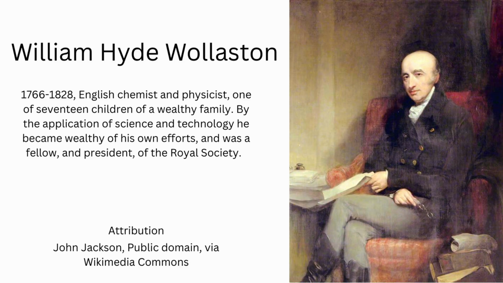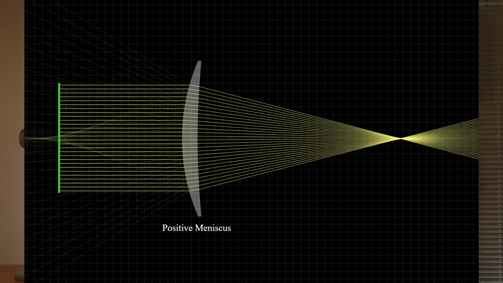In 1812, Wollaston found that using a meniscus lens, a positive meniscus lens with a carefully placed stop, the image could be made better. We've seen the meniscus lens before. Looks like this. Now, Wollaston wasn't just a dabbler in optics. He was a very well-known scientist in his time.